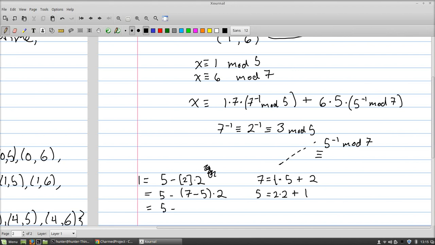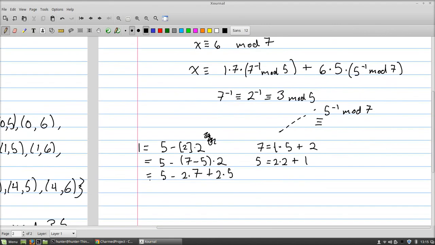I've got 5 minus 2 times 7 plus 2 times 5, which gives 3 fives, so 3 times 5, and negative 2 sevens. And so that means that 5 inverse mod 7 is 3. Obviously, I'm an idiot. So 3 times 5 is 15, which is 1 mod 7.